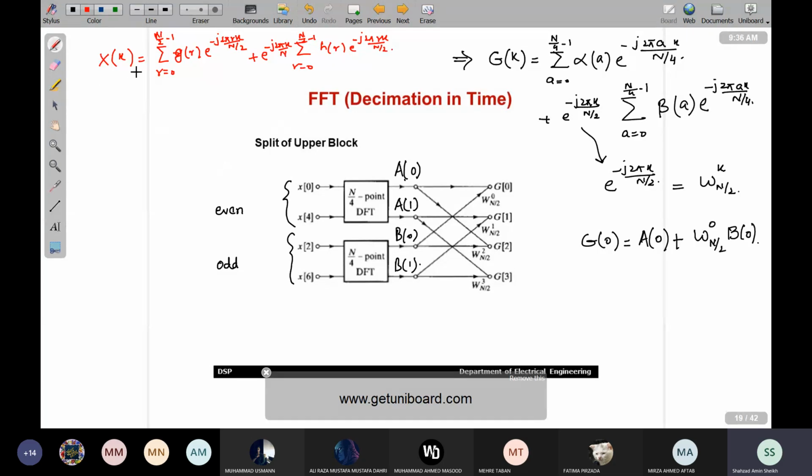So that was my x of k. n over 2 point DFT of g of r, n over 2 point DFT of h of r, and that was being multiplied with this term.